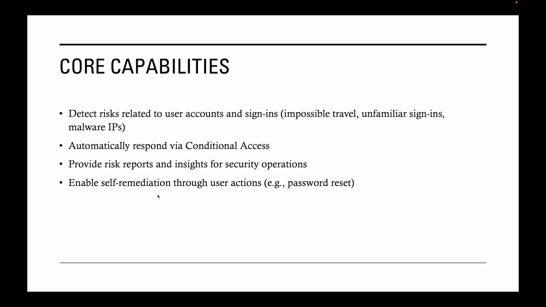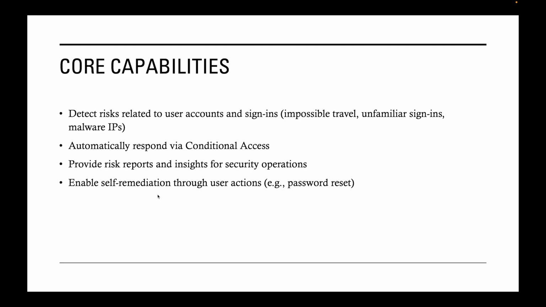Some of the core capabilities of Microsoft Entra Identity Protection is it detects risk related to user accounts and sign-ins. So things like impossible travel. Impossible travel basically means if you sign in from Atlanta, Georgia at 4 o'clock p.m. and then you sign in from Spain at 4:30 p.m., there's no way that can even happen unless you're Superman.